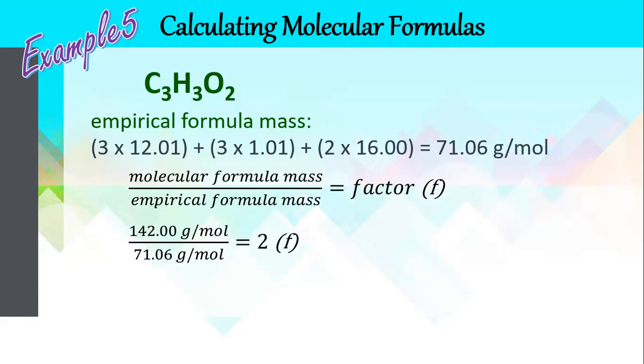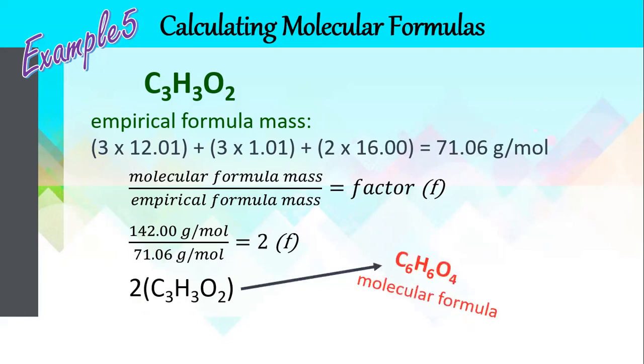Therefore, we need to multiply the subscripts of the empirical formula by 2. So you multiply 2 by 3 for carbon, 2 times 3 for hydrogen, and 2 times 2 for oxygen. So the formula is C6H6O2. That's the molecular formula.